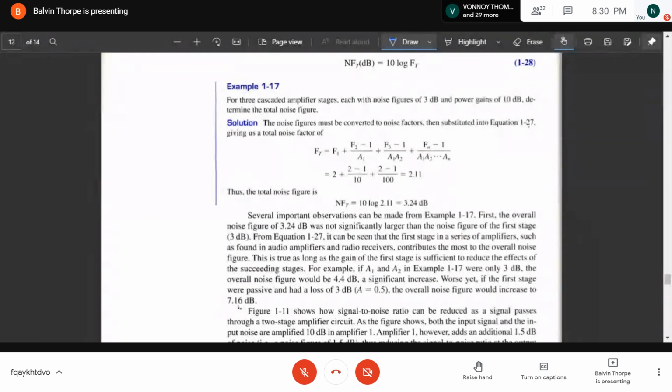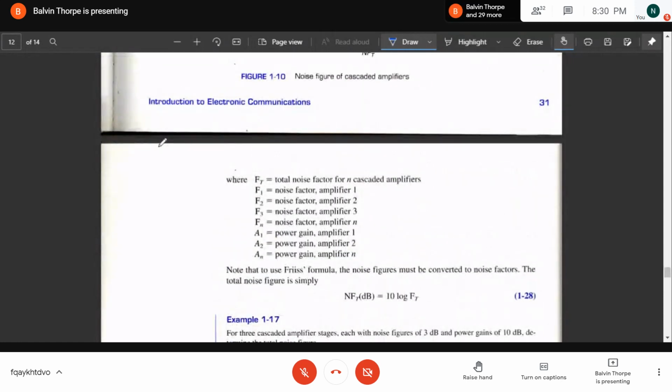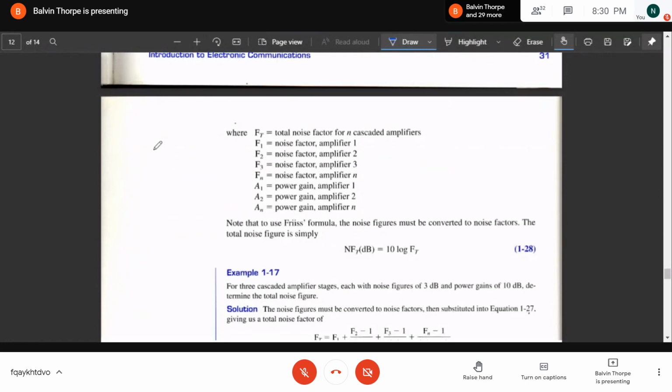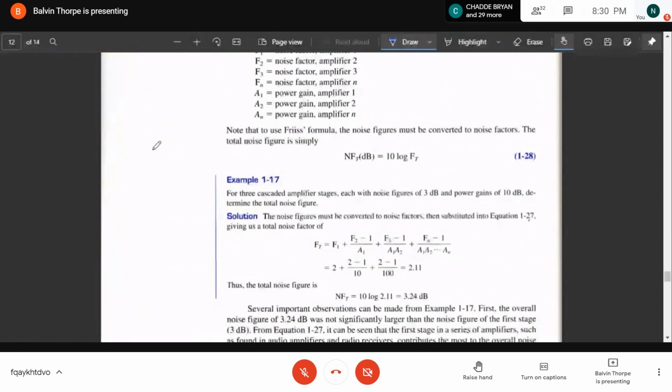There are no questions removed. Remember, you are given the noise figure and the power gain to find these.